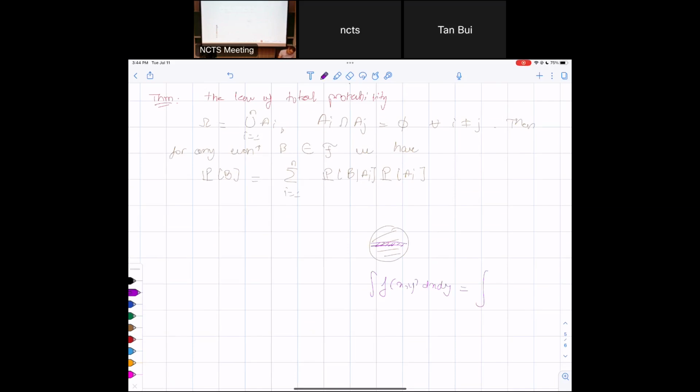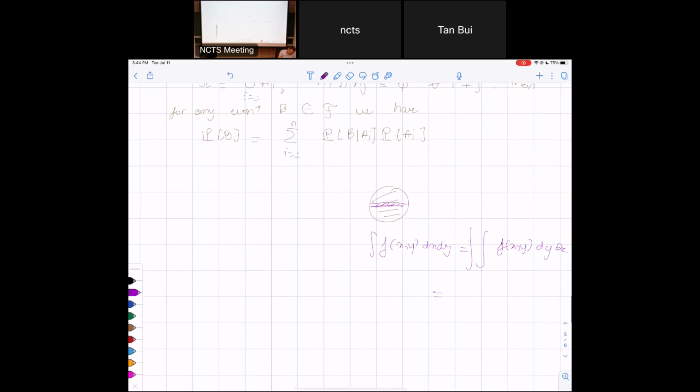I can do f of x y dy, and then I integrate in x after that, right? Or I can do the other way around, I can do f of x y dx, and then I sum up dy, right? So this is actually what it is here.